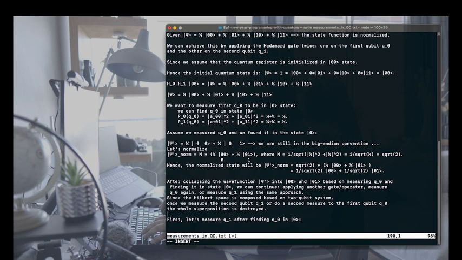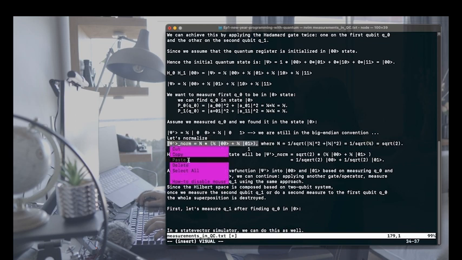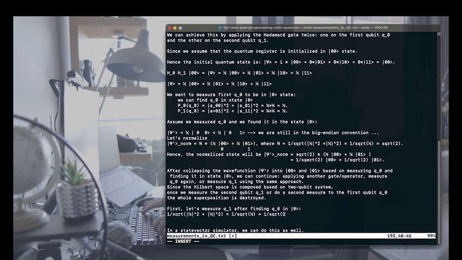It could be in state 0 or in state 1. How would we know this? Because if we look at the terms after the collapse of the state function after measuring the first qubit, we have the two terms ket 0 0 and ket 0 1. And if we look at the second location, which is the location of the second qubit, we'll find that the second qubit Q1 could have two values, 0 or 1.